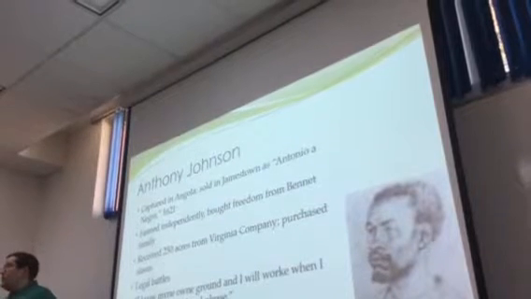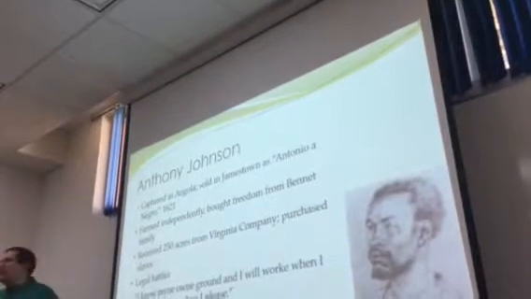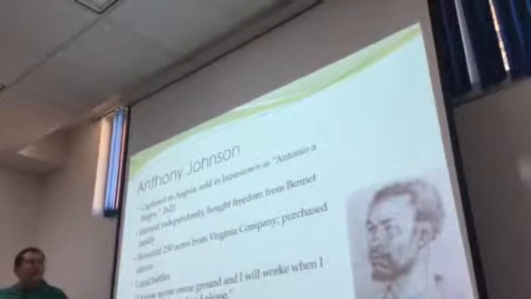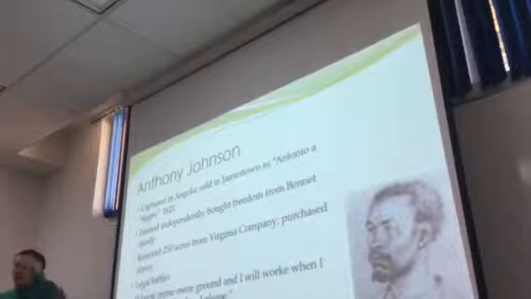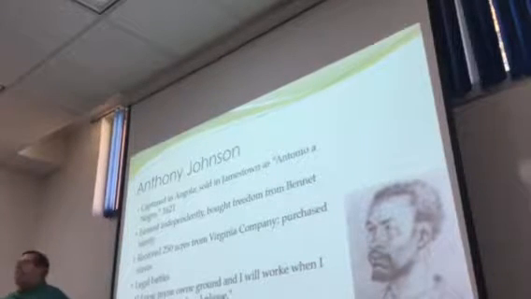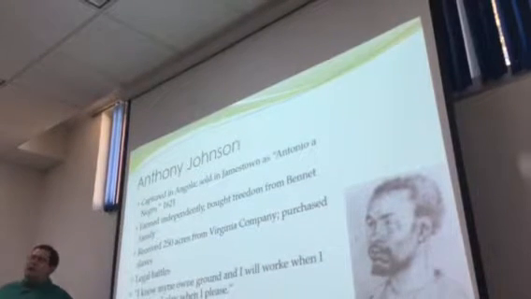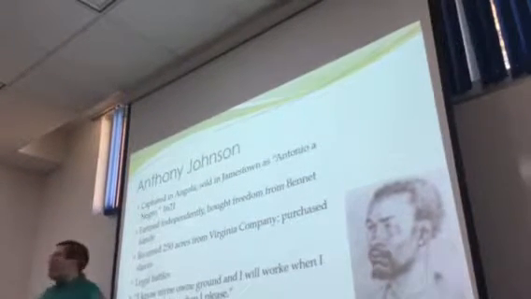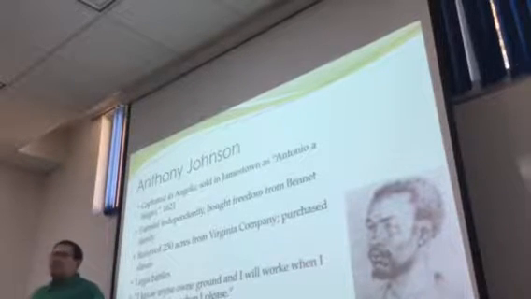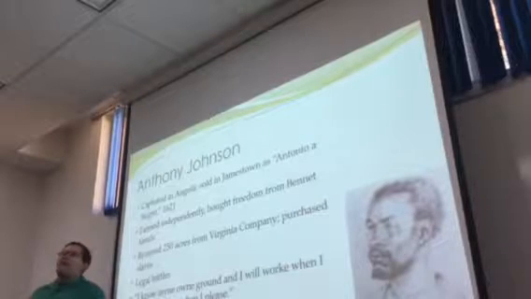Anthony Johnson was captured as a free man in Angola, makes the Middle Passage, and is sold in Jamestown under the name Antonio a Negro. That's what's listed on his bill of sale. Now, the slave owner who buys him, a guy named Bennett, doesn't want to use him as a traditional slave, to farm fields of cotton or anything.